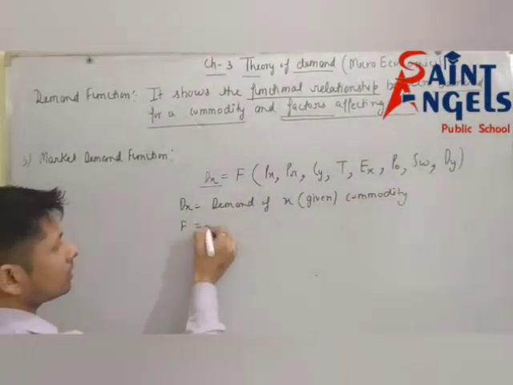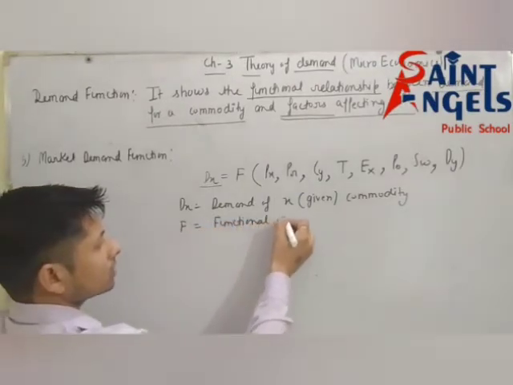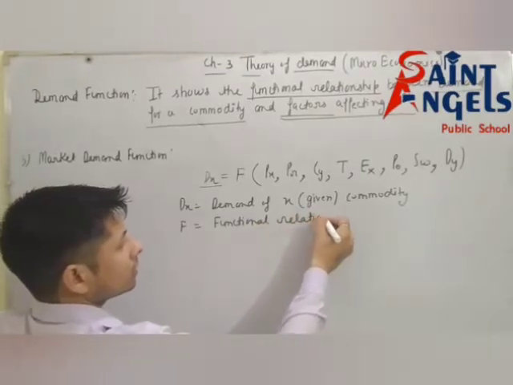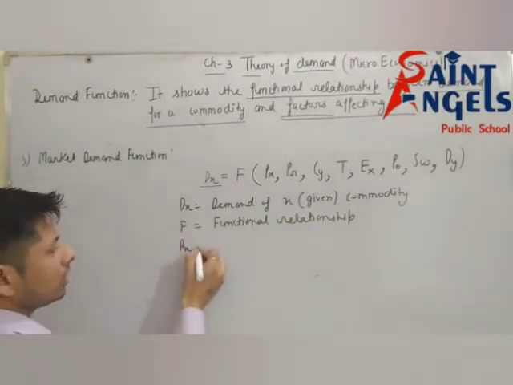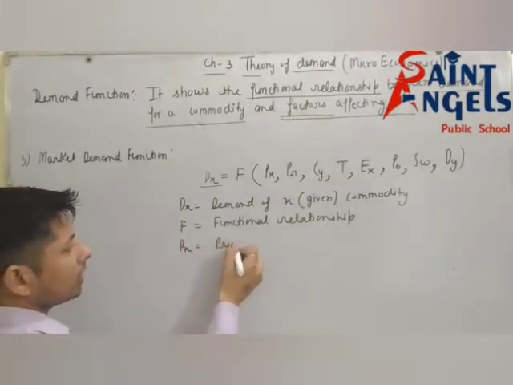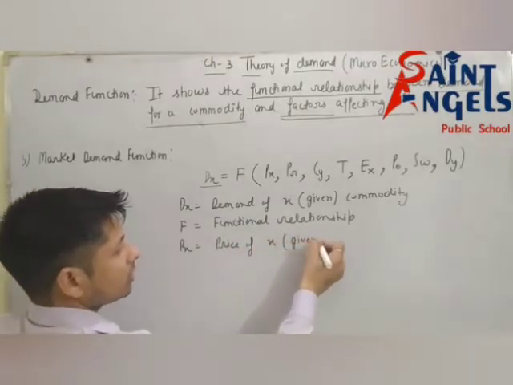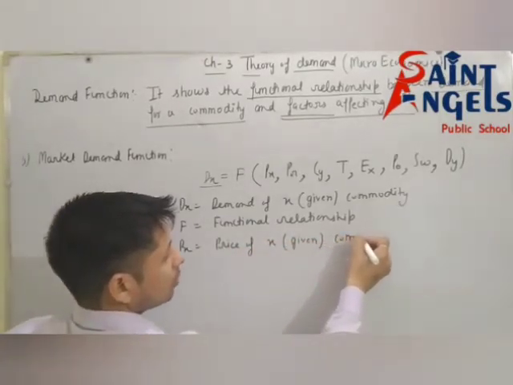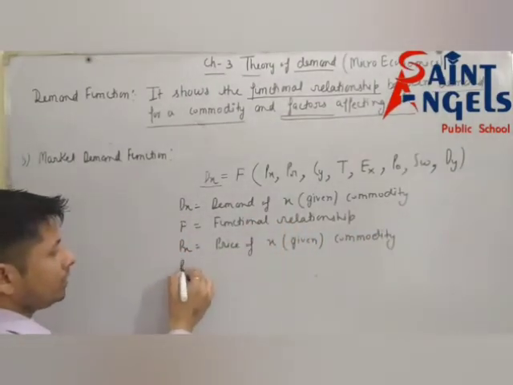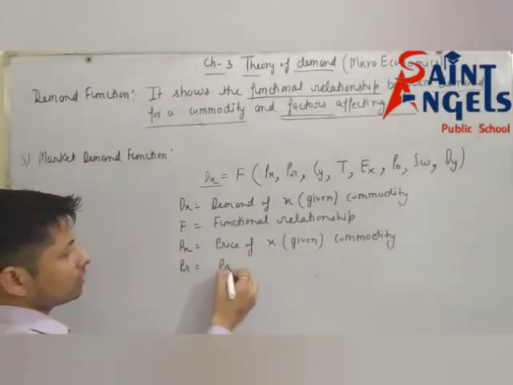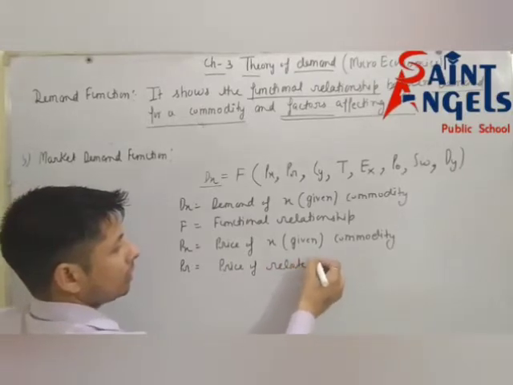F means functional relationship. Px means price of X, given commodity. PR means price of related goods.